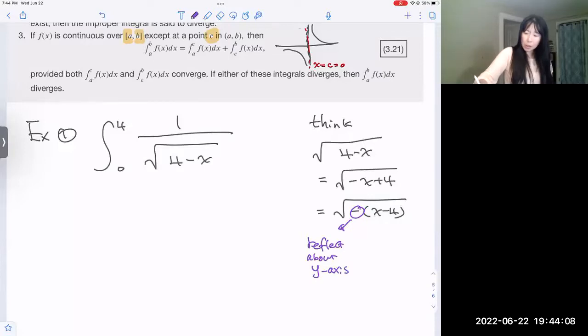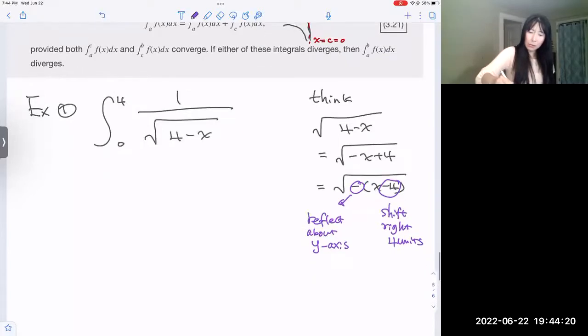How about this one? What is it telling us? Shift right 4 units. Good. Shift to the right 4 units. Very good. So this means if we have another thing, so we have a square root, looks like a square root.